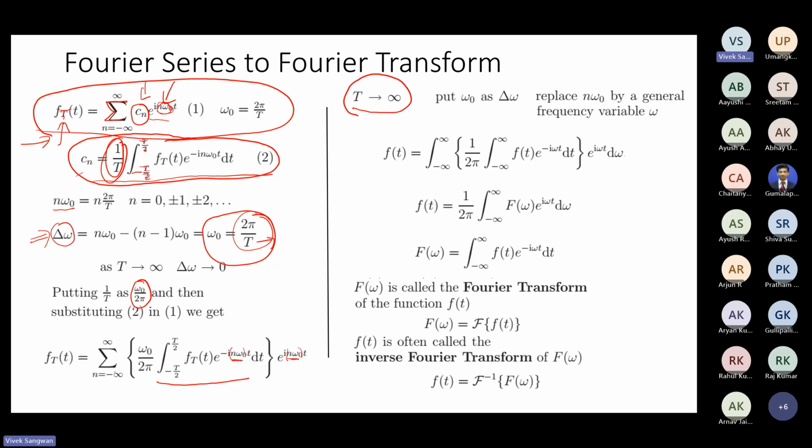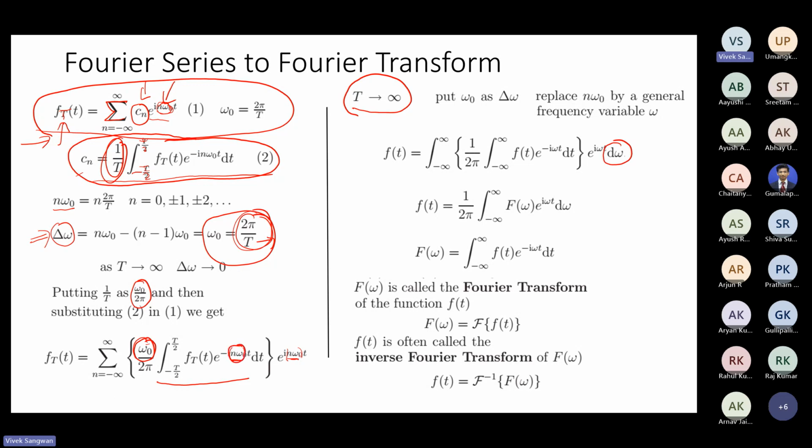These n omega 0 in the summation become very close to each other. This omega 0 becomes smaller and smaller because omega 0 is actually 2 pi by T. This omega 0 starts acting as d omega. It becomes very small.